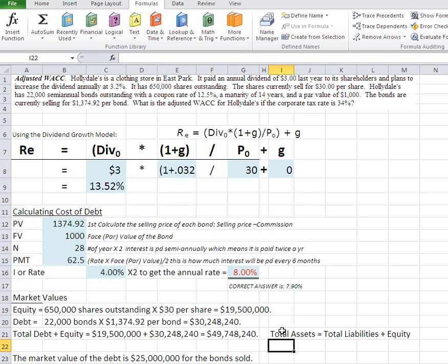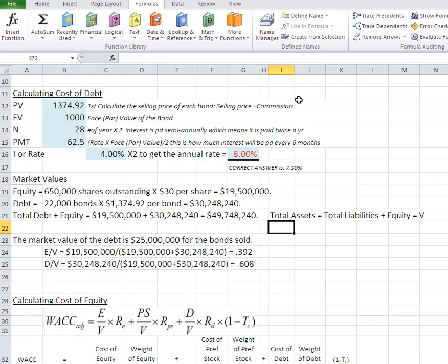So the V component, so I should say this is equal to V in our bottom calculation here. So we're going to take each component now. If equity is $19.5 million, we're going to take that number and divide it by our total debt plus equity, which would be the $19.5 million divided by the $19.5 million in equity plus the $30 million in bonds.